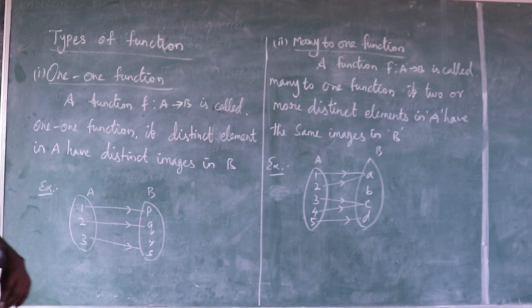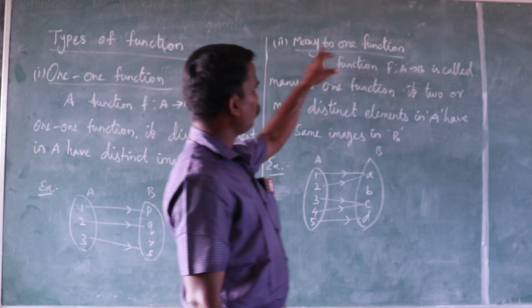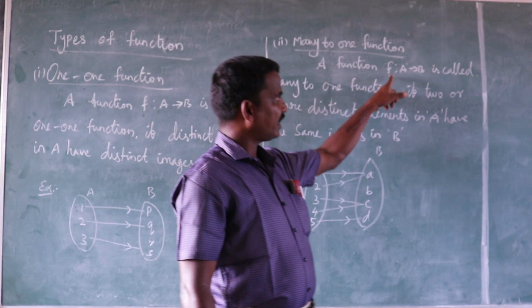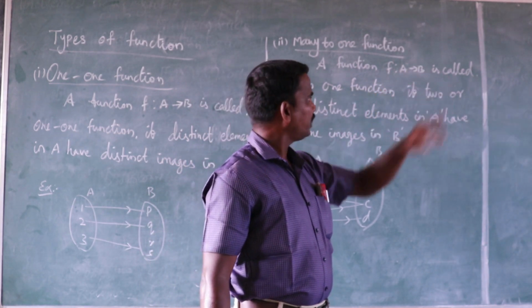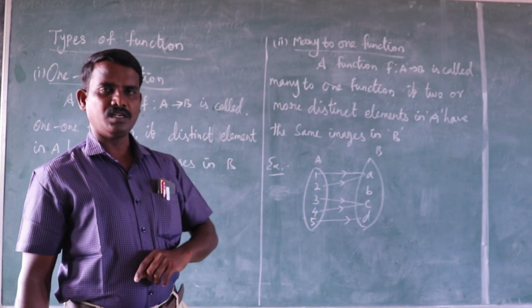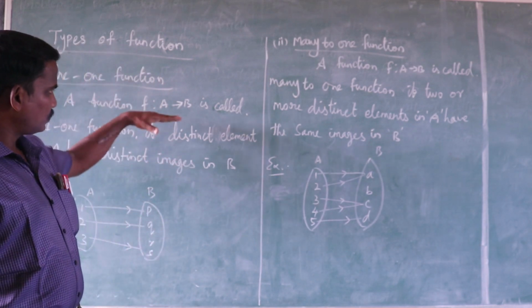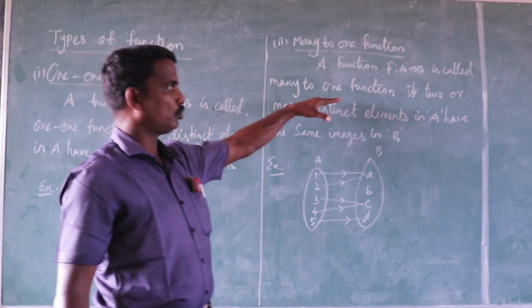And then the second one, many-to-one function. A function f from A to B is called many-to-one function. There is just one difference between one-to-one function and many-to-one function.